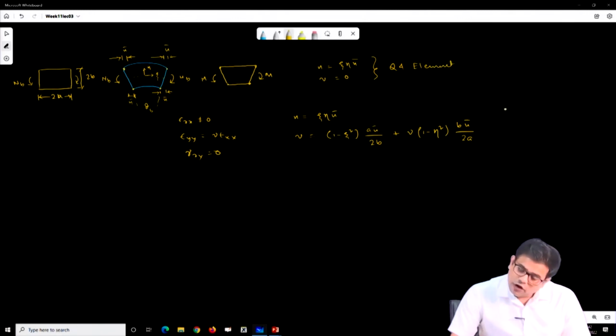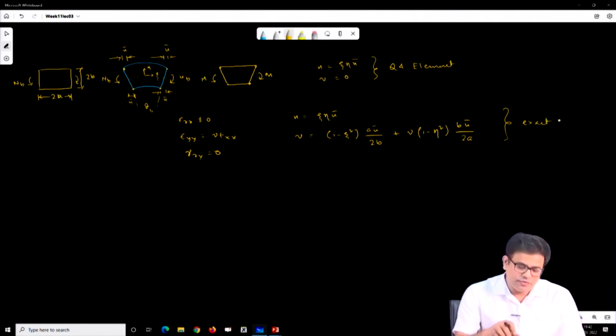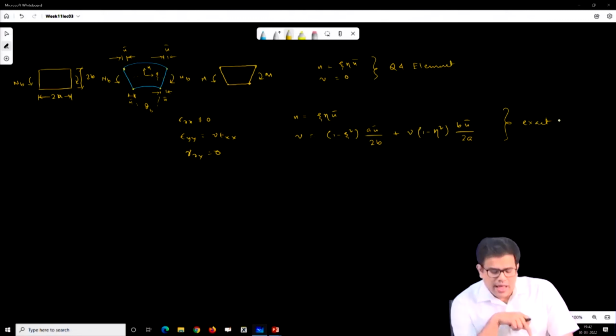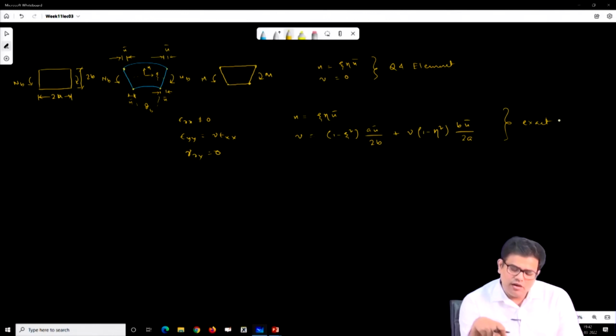Now this is for the exact pure bending condition. This will result in 0 shear strain, and naturally epsilon xx is the derivative del u del x, and so on. So this solution is coming from here.